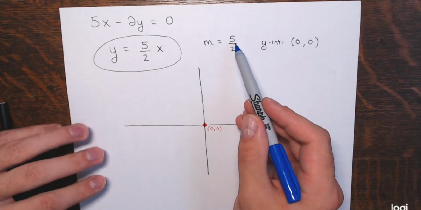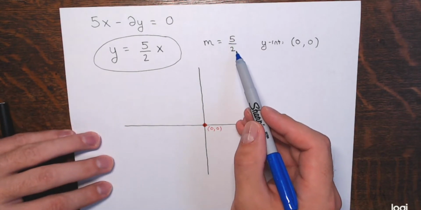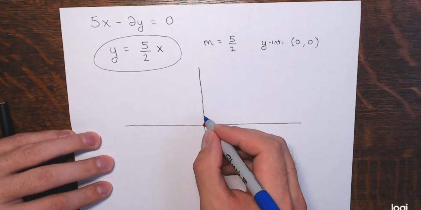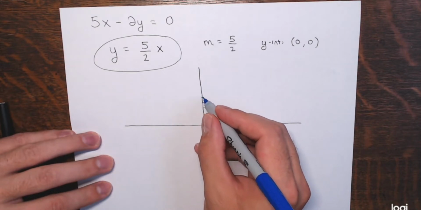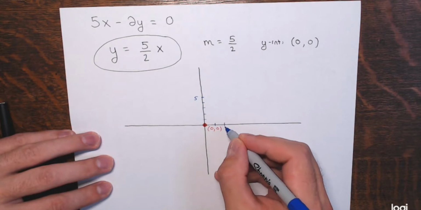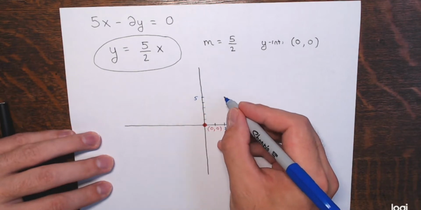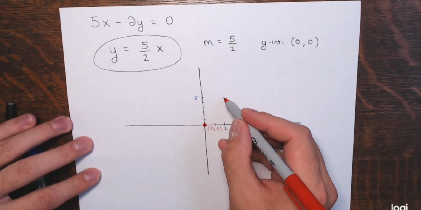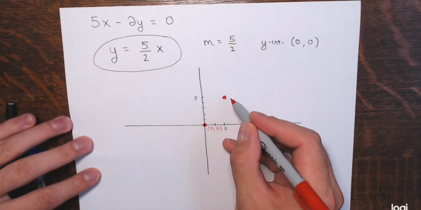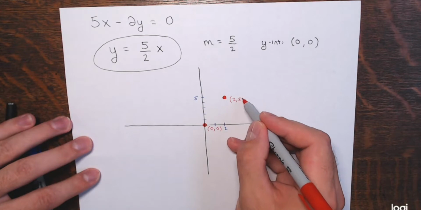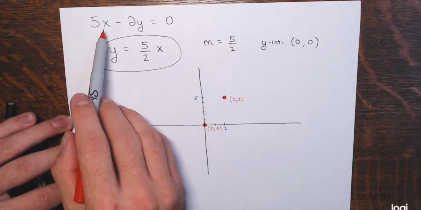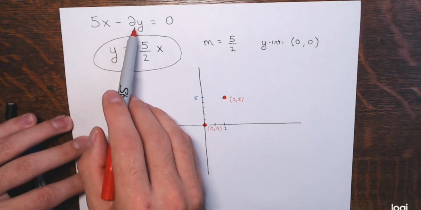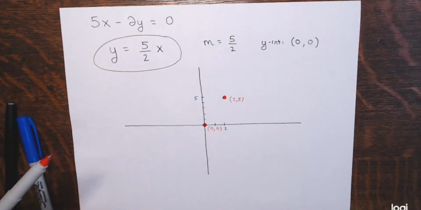And then the slope, the numerator is positive 5, the denominator is positive 2. So I go up 5 from the y-intercept, and then right 2 from that. And then we get another point. So if I go from here up 5, right 2, here's another solution of the equation, 2 comma 5, right? And you can check it. If x were 2 and y were 5, you'd have 10 minus 10 equals 0, and that is true.